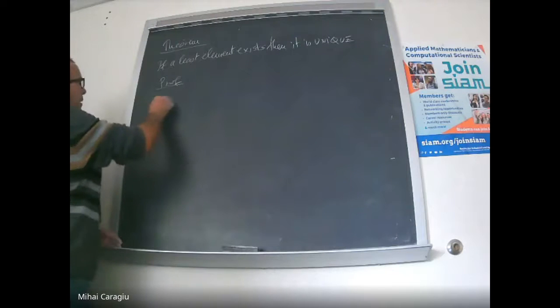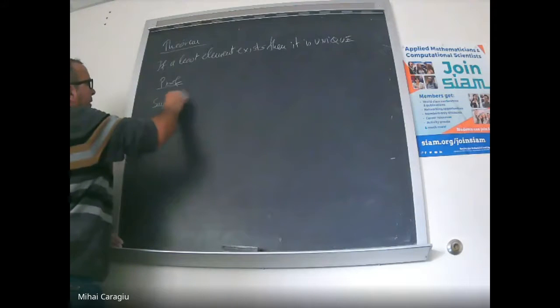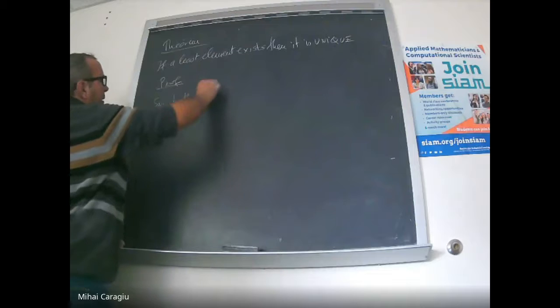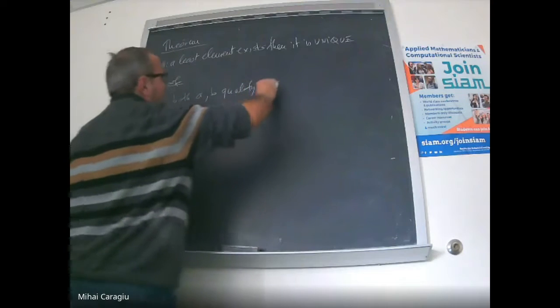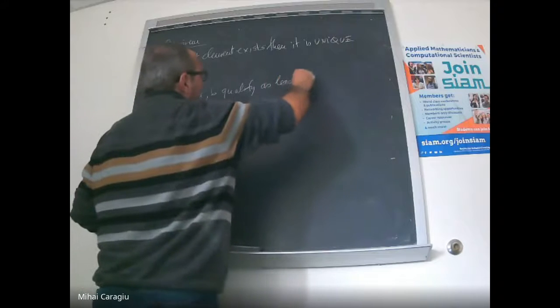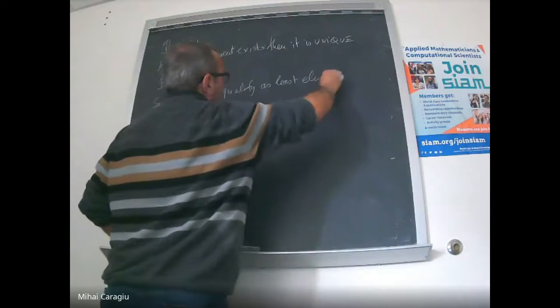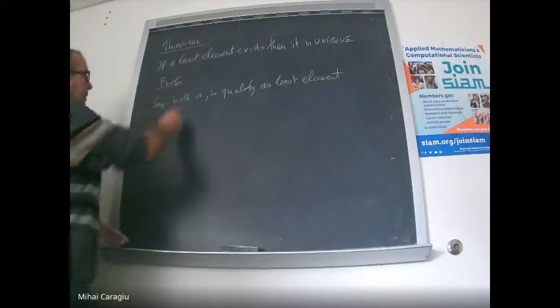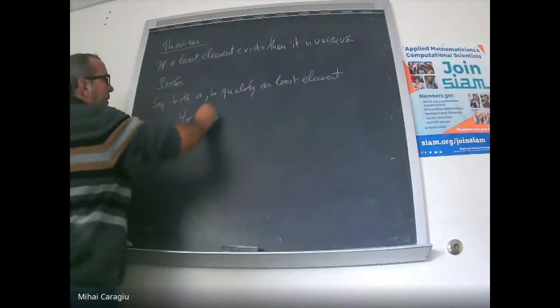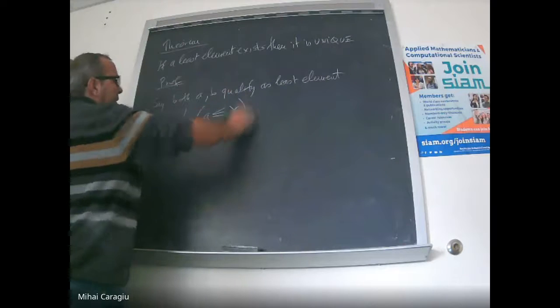So say both A and B qualify as least element. What does it mean? Let's write down that A is the least element: for every x, A is less than or equal to x.